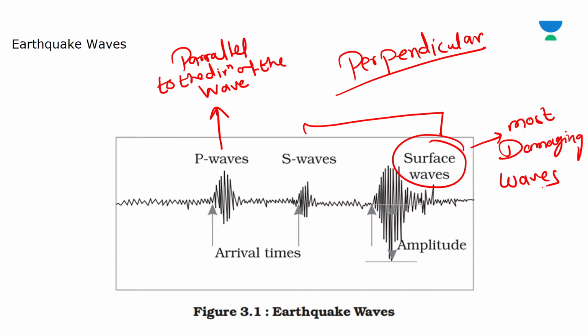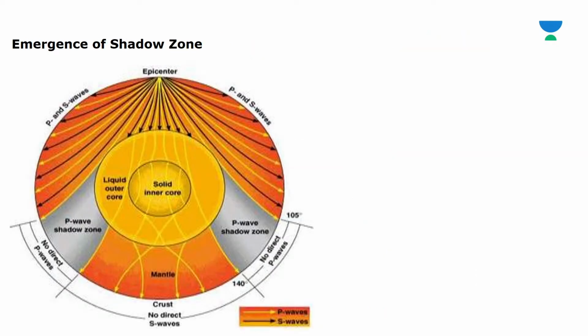Now, friends, let's discuss the emergence of the shadow zone. So, friends, the earthquake waves get recorded in seismographs located at far off locations.